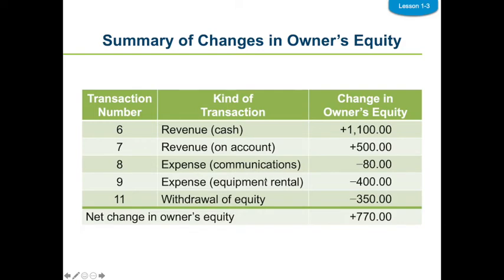There are other types of expenses that your business will incur, but every time you have an expense, it's going to make your owner's equity go down. And then the other type of transaction you had was withdrawal of equity. In this situation, they took out cash, and that makes a withdrawal, which makes your owner's equity go down. So after all of these transactions, in reality, your owner's equity only went up by $770.